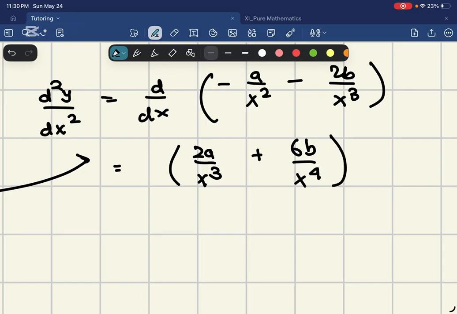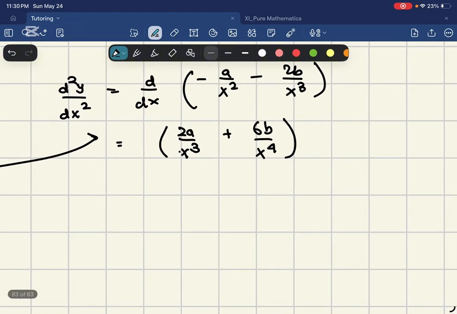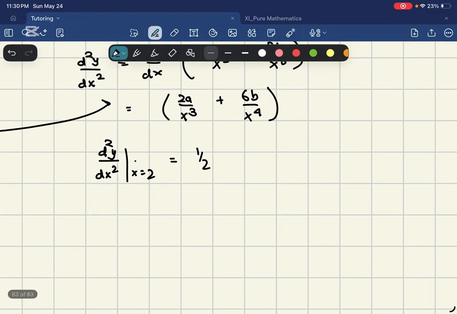That should be your expression, I think. Yeah. And let me substitute x is equal to 2. Because d squared y by dx squared when x is equal to 2, that is given to be half, right? So now I just substitute x is equal to 2 here. So I get 2a over 8 plus 6b over 2 to the power 4, that is 16, is half.